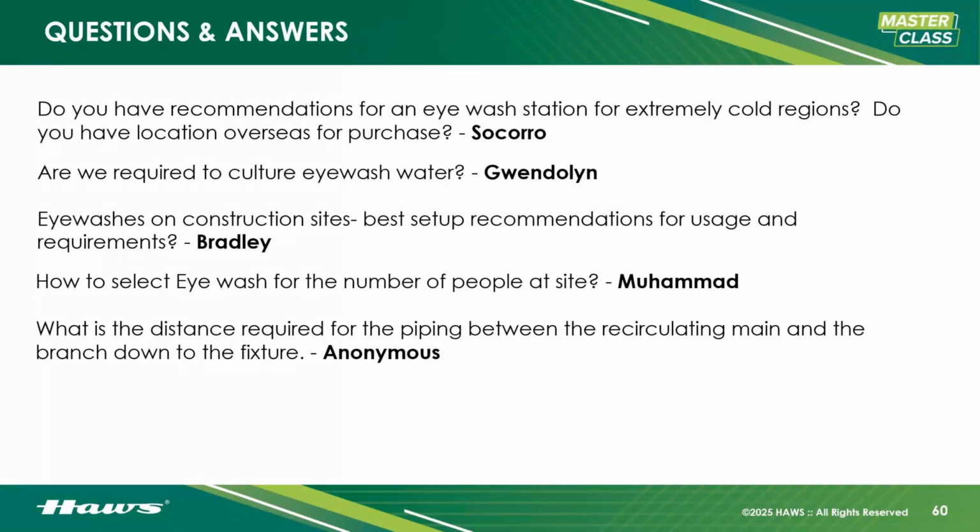Unfortunately, we still have that very short dead leg from the main line to the fixture, and that water is not moving well or hardly at all in that dead leg, and you will get bacterial growth in there. And certainly depending on the temperature that you're keeping that water at. So make them as short as possible. Unfortunately, there's no actual distance defined in black and white for this process in the Z358.1 or 1910, etc. But ideally, just as absolutely short as possible between the two.